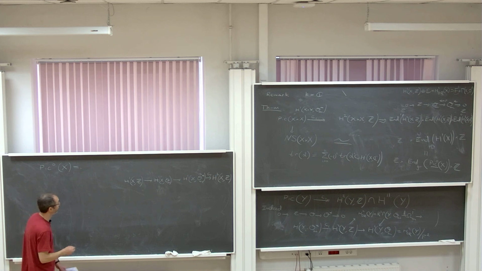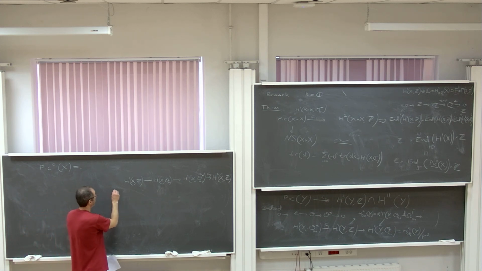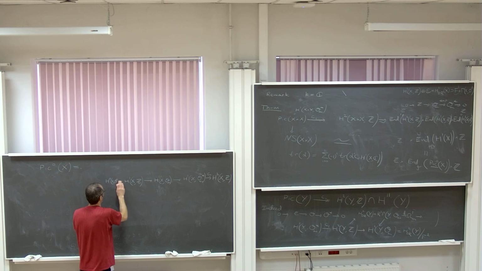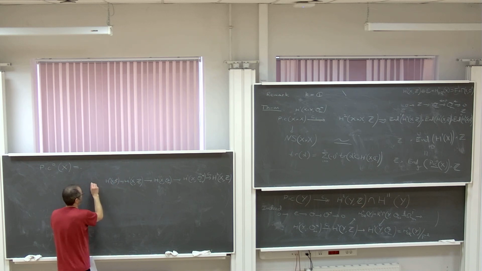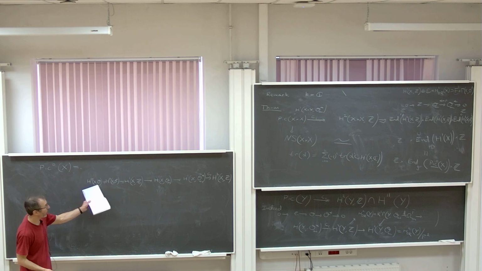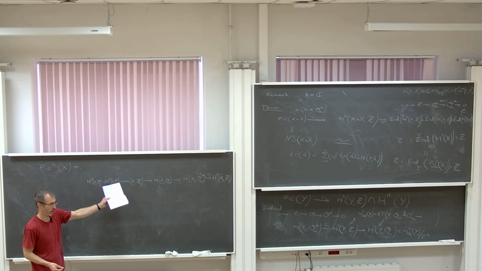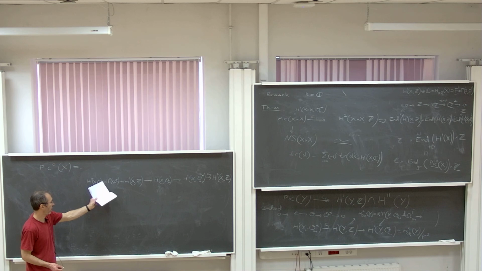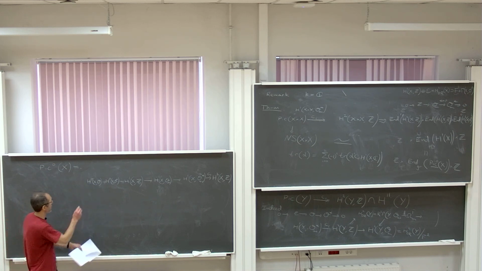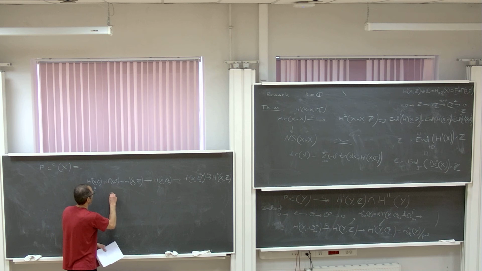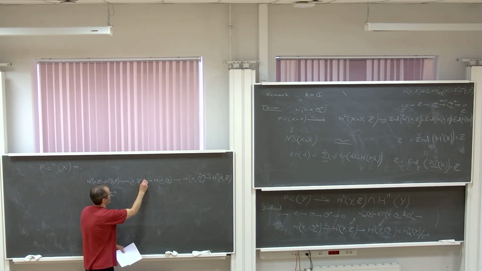So this will be H0 of O_X star and H0 of O_X, right? We don't have global functions on a compact analytic manifold, so this is just C, this is C star. And this map is surjective, it's the exponential map. So that means that this map is injective.